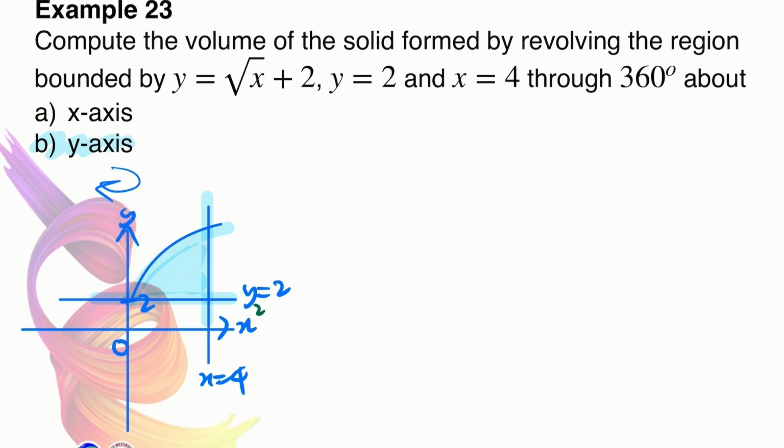Again, the rotation is about the y-axis, so the further function from the y-axis will minus the function nearer to the y-axis. The formula is V equals pi integral C to D, and since the rotation is about the y-axis, dy, of x1 minus x2 squared.